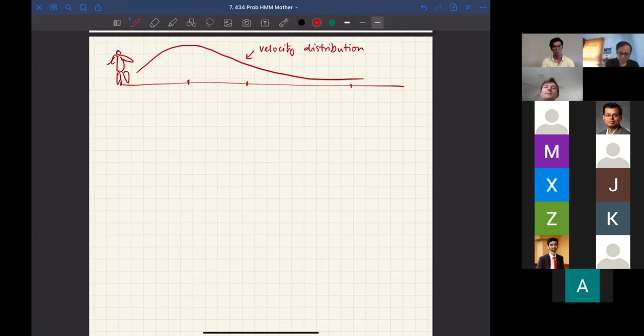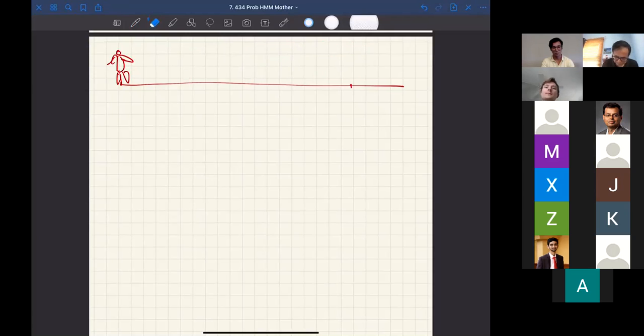Actually, maybe I should not bring the velocity distribution here. Let's say there is some velocity distribution, which is like this. This is 70 miles per hour. Right? Great. Let's keep it over there. That's the velocity distribution. Okay.